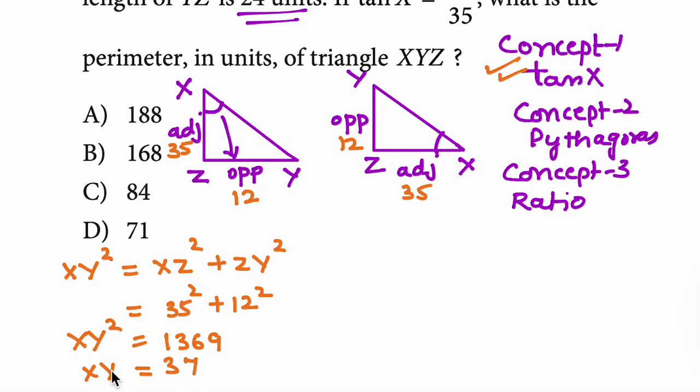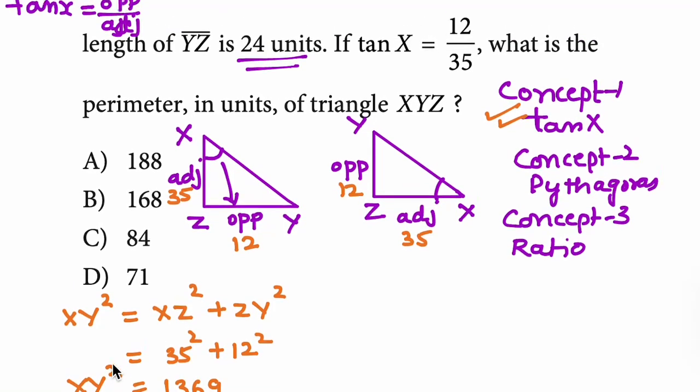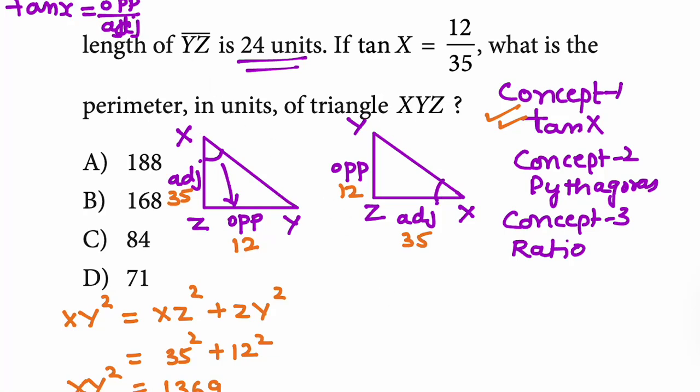Second concept used: Pythagoras. Now the third concept is, if I write tan of x is equal to opposite over hypotenuse, right? Opposite is YZ and hypotenuse is XY.